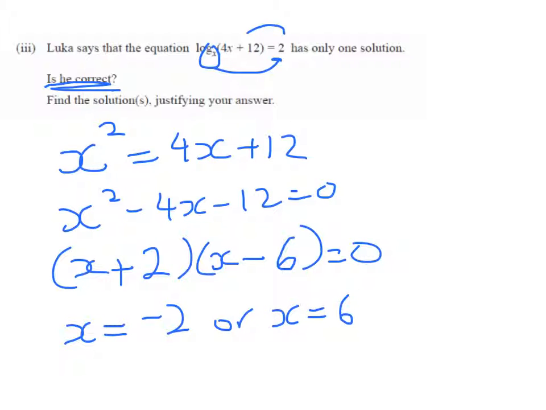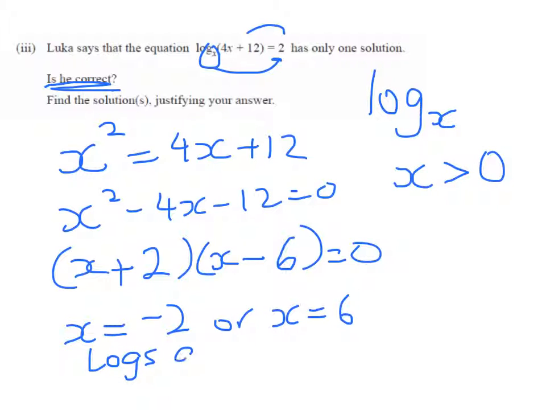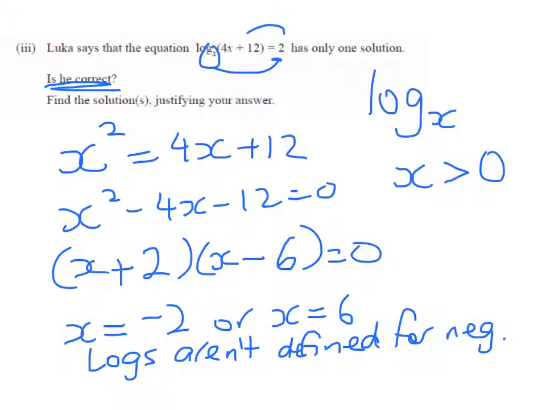But what we're looking at here is we are looking for x being the base of a log, right? And we need to have x strictly greater than 0, right? Logs aren't defined for negative bases.